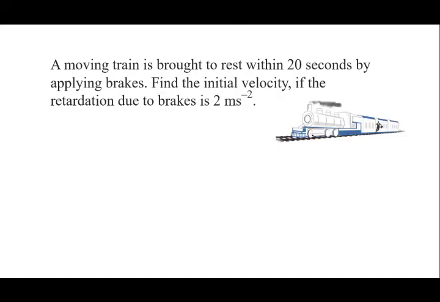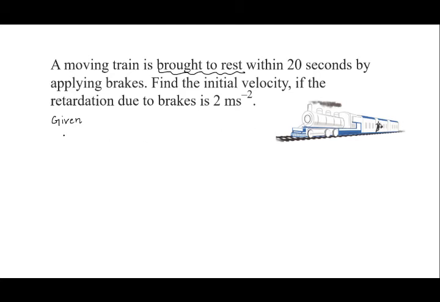A train is already moving, which is brought to rest. So let us write what information is given. A train brought to rest means finally a brake is applied and it is going to be halted.